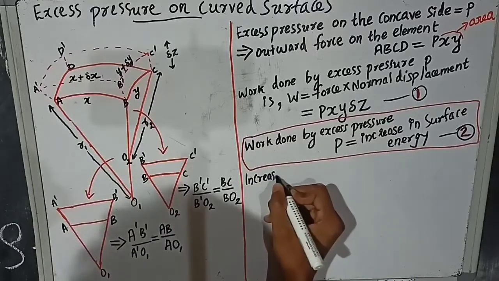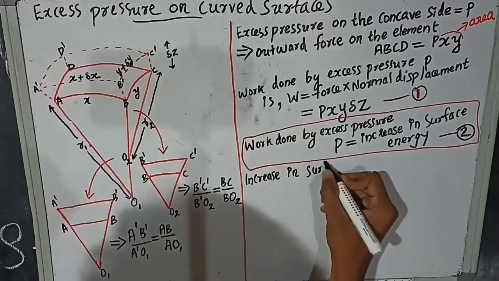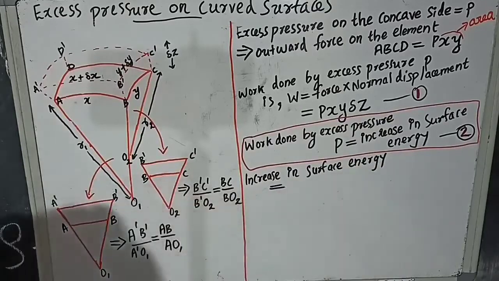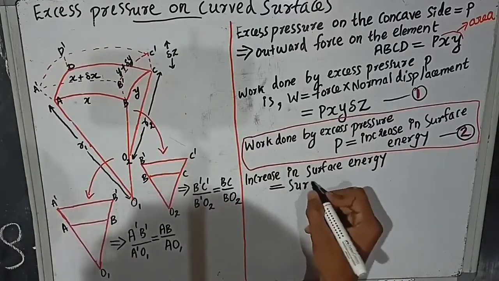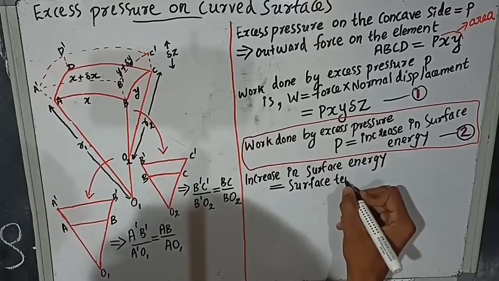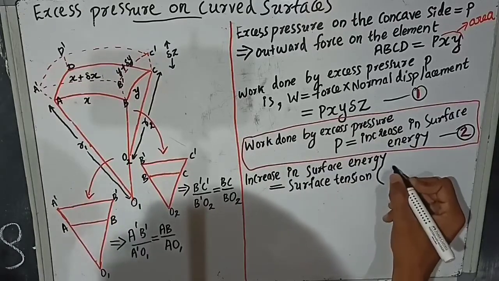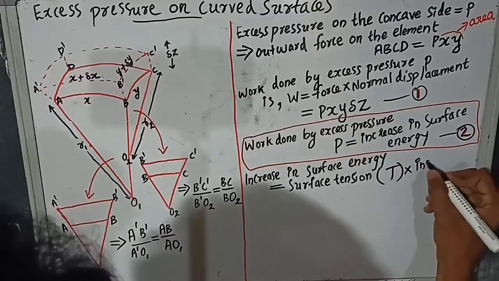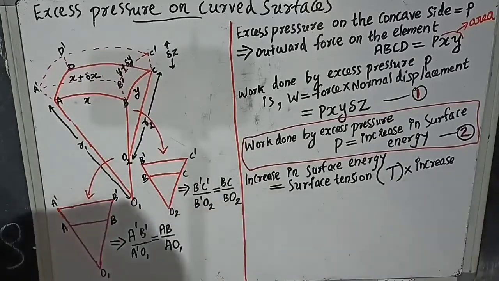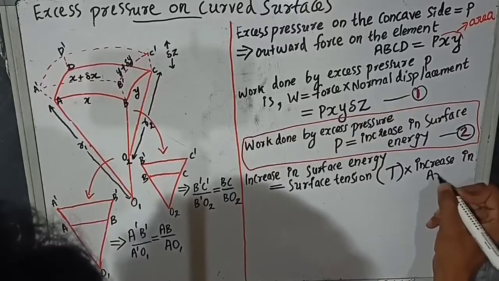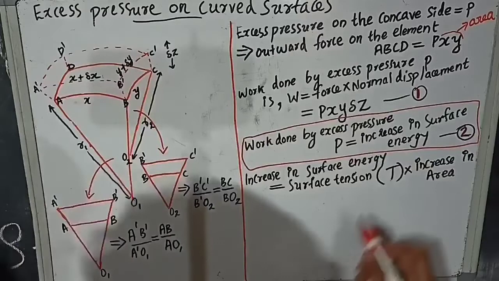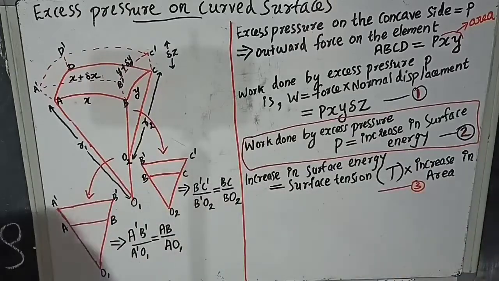So let's first find the increase in surface energy. Increase in surface energy is equal to surface tension T into increase in area. Let us take this as equation 3.